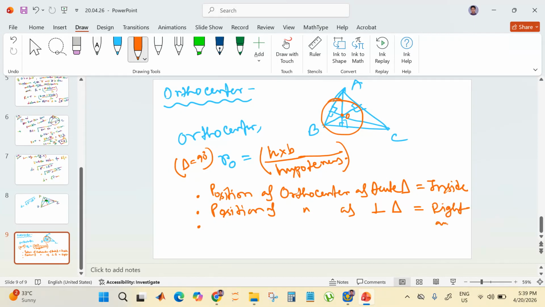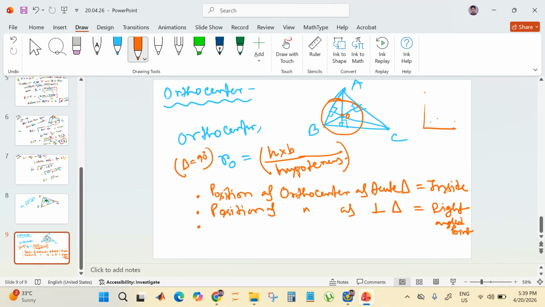Right angled point. That means suppose if I draw a right angle triangle, then the perpendicular, not exactly this straight line.